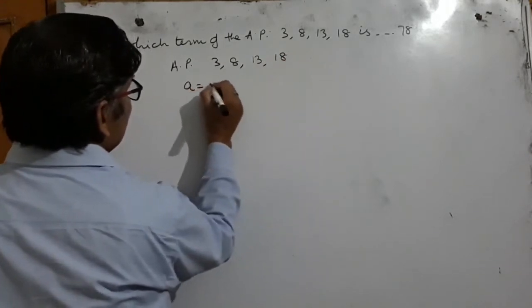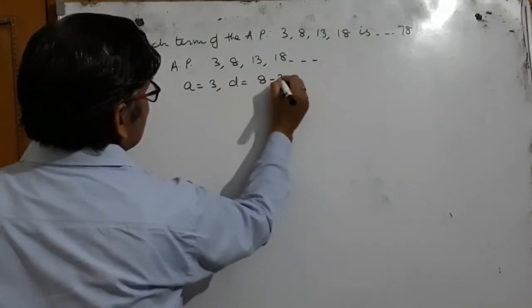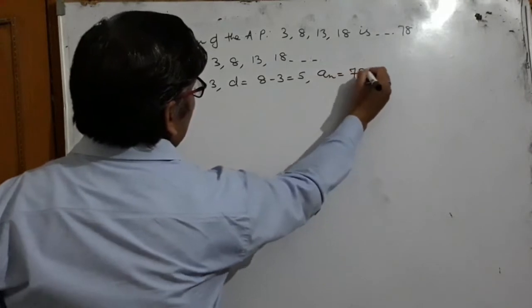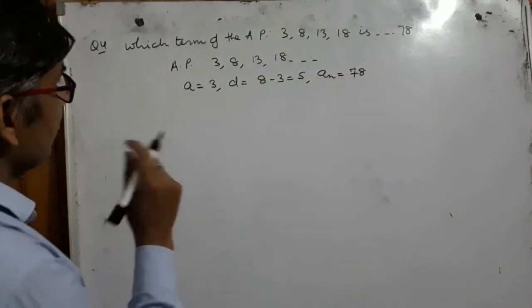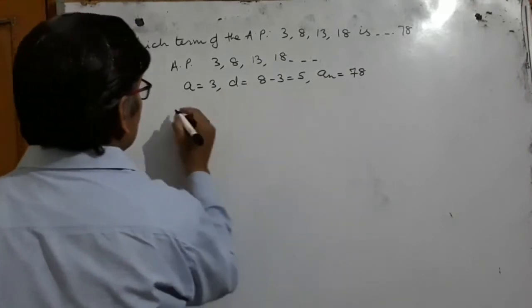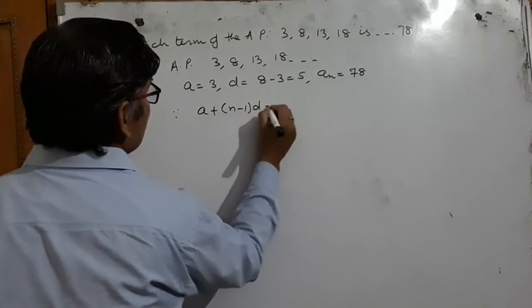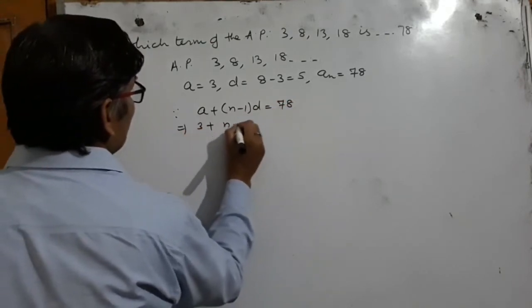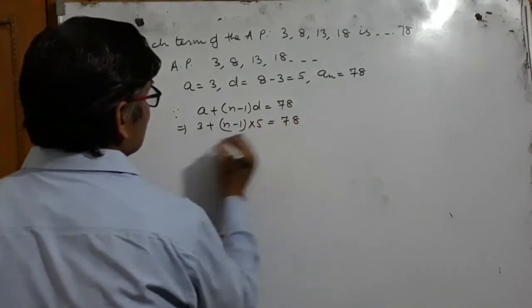A is 3, D is 8 minus 3, which is 5, and suppose the nth term is 78, so an is 78. So a plus (n minus 1) into d is 78. So a is 3, d is 5 and an is 78.